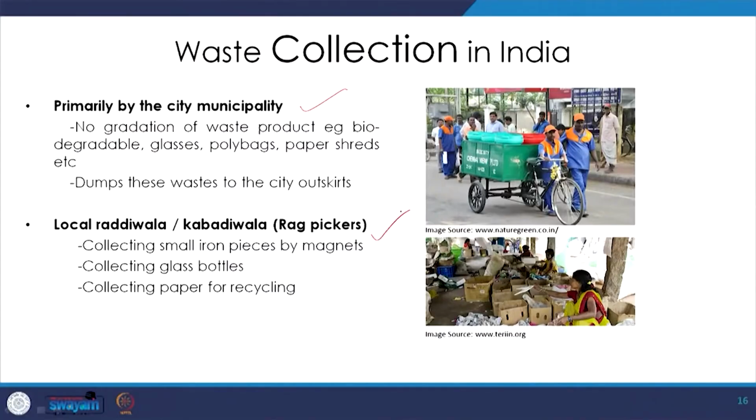The next is through rag pickers. We as a community, we as a society, I am talking about Indian society at large, have this habit of storing anything that is recyclable, whether it is paper or plastic or glass, metal.